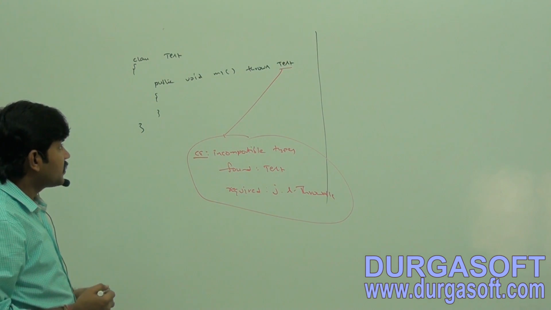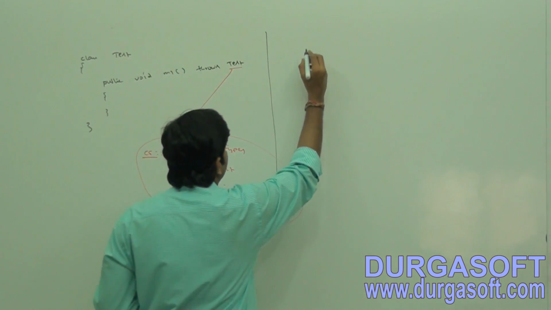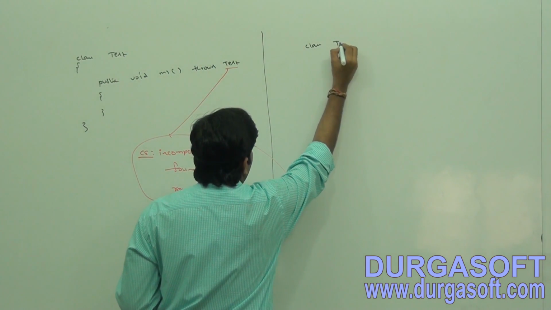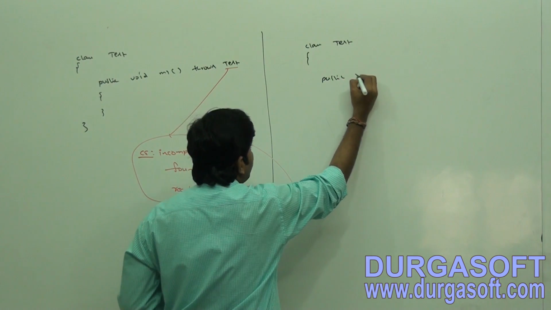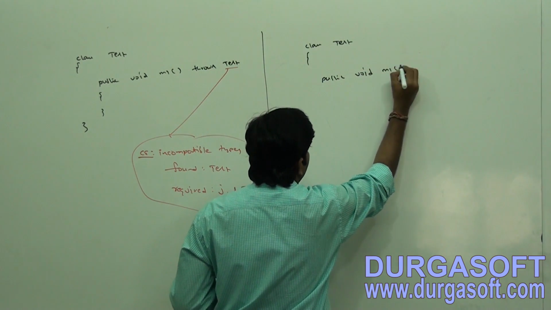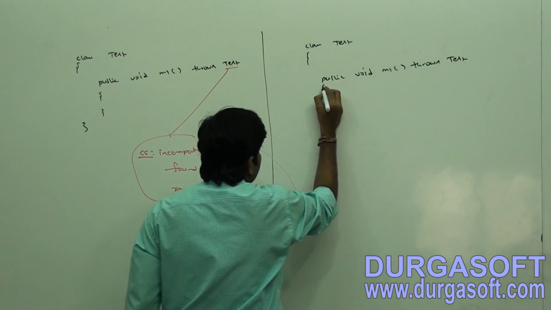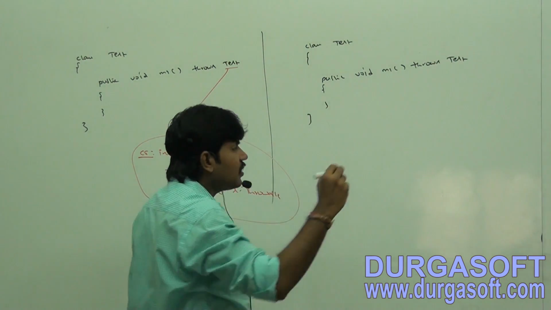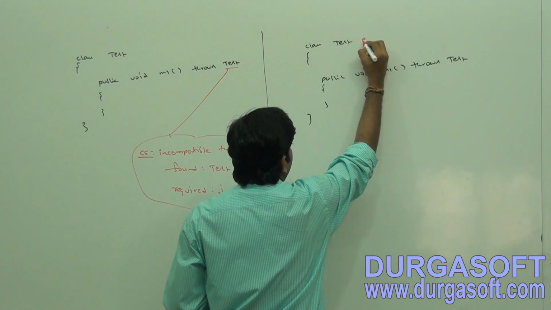Okay. Sir, same. Now let me take this one. Is it valid or not? You have to decide. Class Test, public void m1 throws Test, and Test extends RuntimeException.